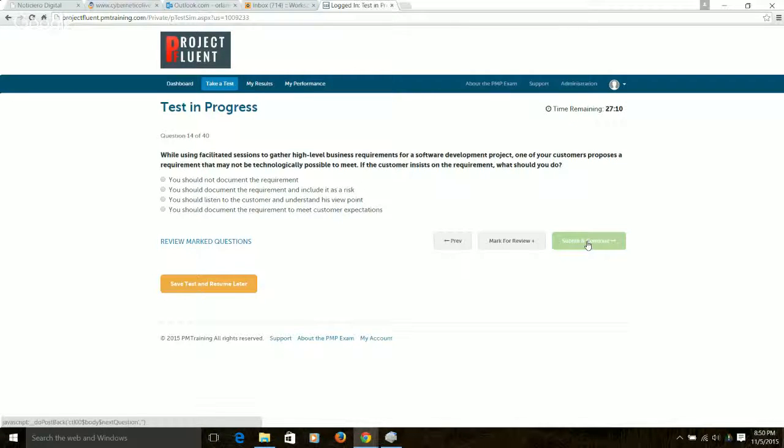Option A, you should not document the requirement. No, that's not an option. Option B, you should document the requirement and include it as a risk. Option C, you should listen to the customer and understand his viewpoint. Option D, you should document the requirement to meet customer expectations.